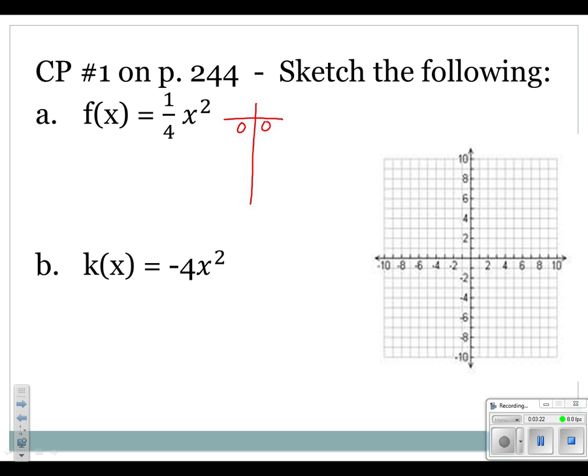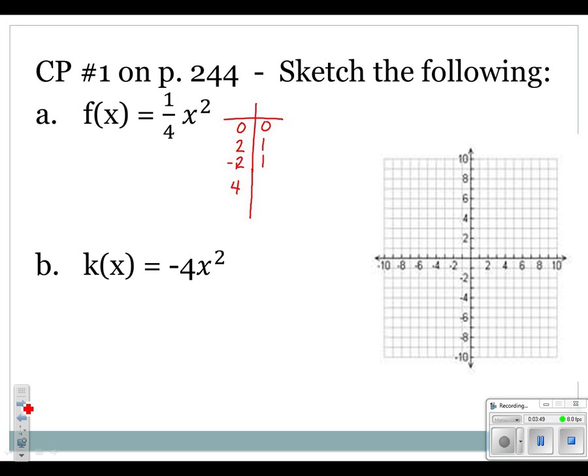If I put a 2 in, 2 squared is 4, and 1/4 times 4 is a 1. If I put a negative 2 in, I'm going to get that as well. Then I'm going to jump to a 4. I'm picking values that I know are going to multiply by 1/4 easily. That's why I skipped 3 and 1. You could use them, but you're going to get some fractions.